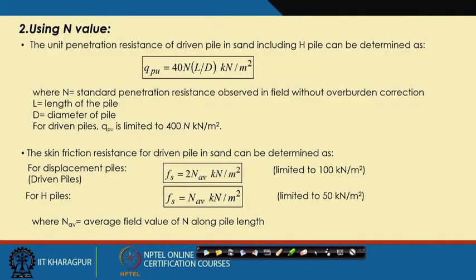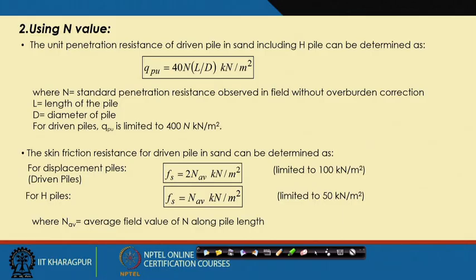So, this is the second method, using the penetration data correlation, that is, using the N value. N value is the SPT value.